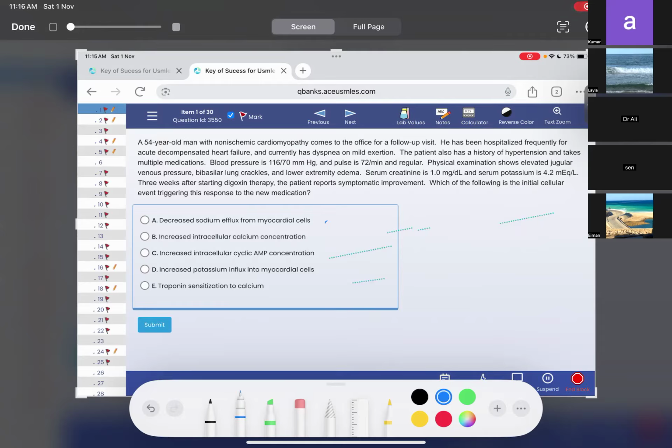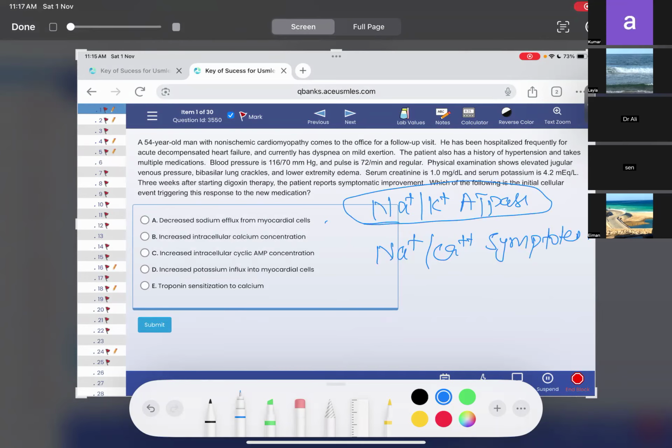There are two channels. One is the sodium potassium ATPase, and the other is the sodium calcium symporter. It usually works by efflux of sodium and influx of potassium.